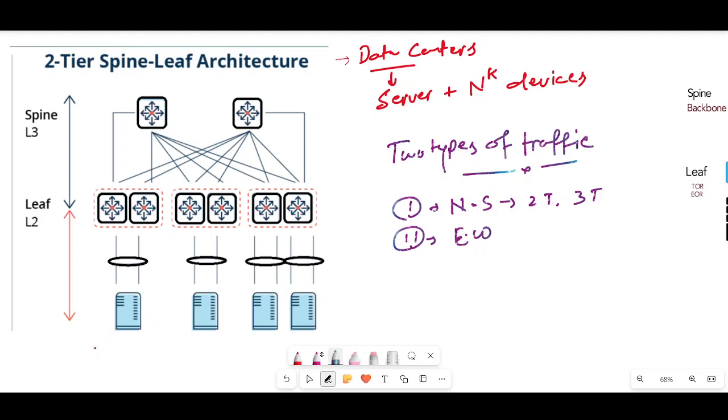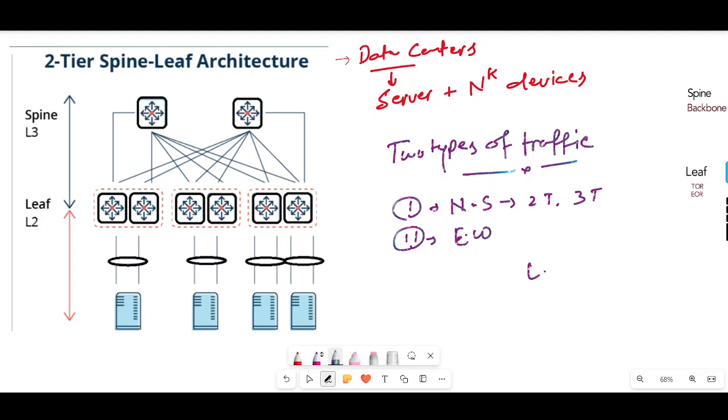Suppose a user wants to send traffic, and the traffic goes up and then goes down. Here there are many hops, many nodes, many devices connected. So between one user and another user, if there are many hops and many nodes, it will increase the latency.